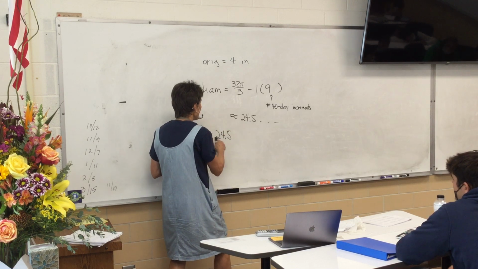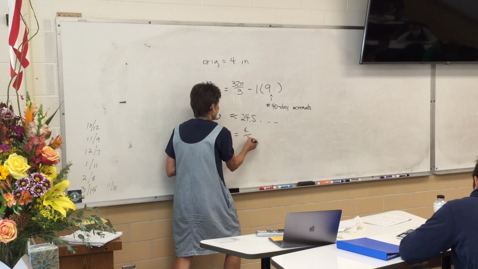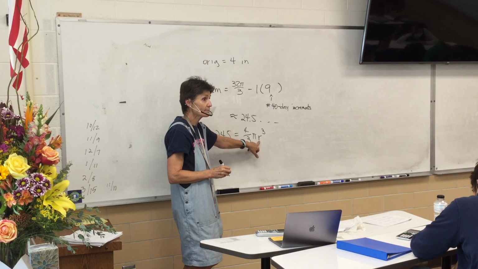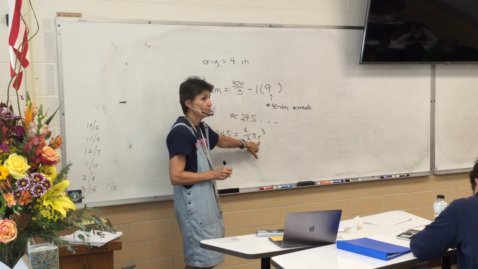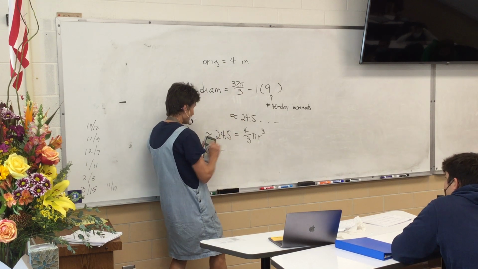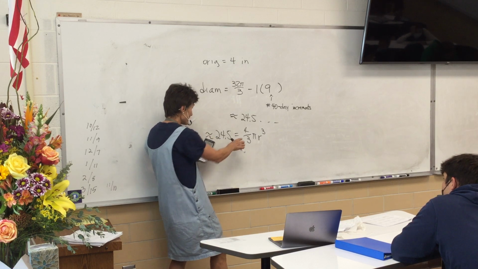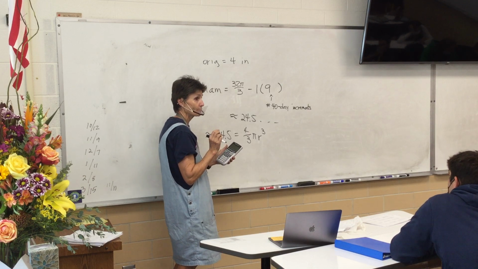But approximately 24.5 equals 4/3 pi r cubed, and that's my new radius. Does that make sense to you? So now I'm gonna take this number and times it by 3 and divide it by 4. Does that make sense to you?